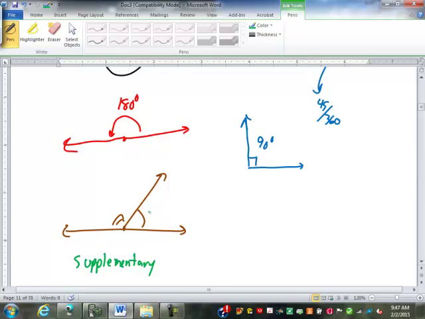If this angle here happened to be 53 degrees, this angle over here has to be 180 minus 53, or 127 degrees, because they must add up to 180 degrees in a straight line.